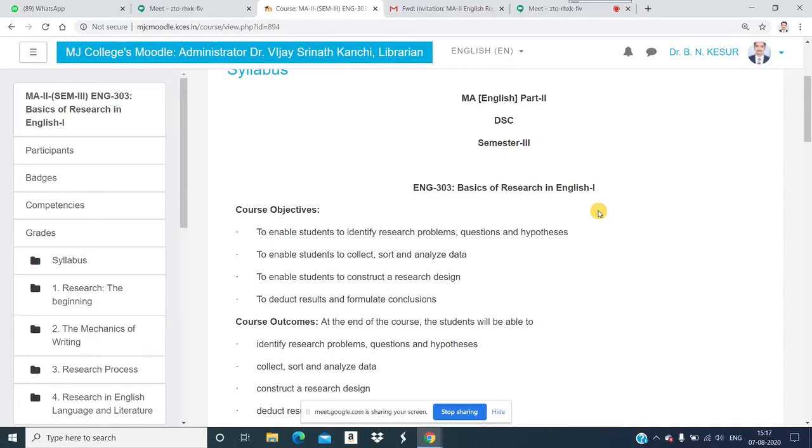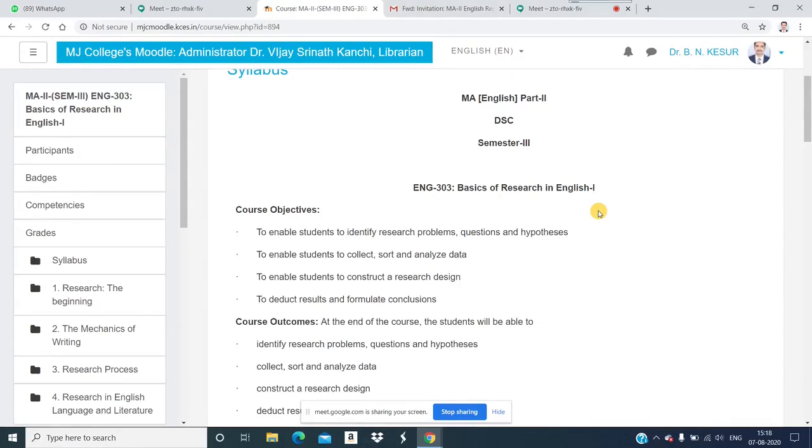The course objectives decided for this particular course are: first, to enable students to identify research problems, questions, and hypotheses. Second, to enable students to collect, sort, and analyze the data. Third, to enable students to construct a research design. And fourth, to deduce results and formulate conclusions.